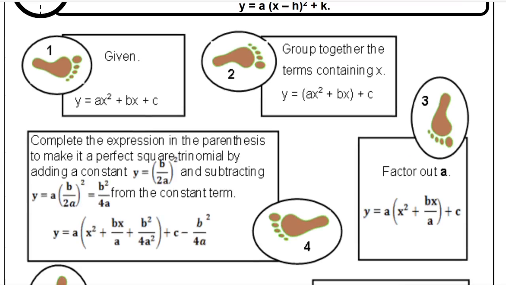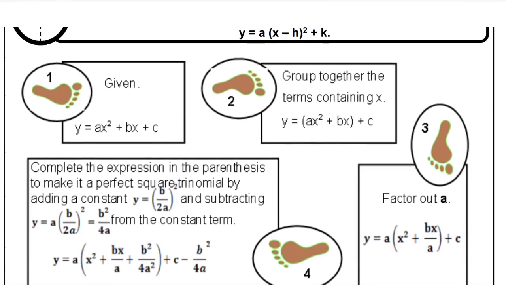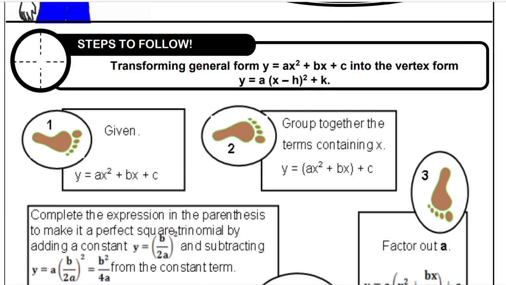You can find it here anyway, so don't worry. So these are the steps in transforming general form into vertex form. Our general form is this one, and you're going to transform it into vertex form, wherein the opposite of this and this one is your vertex.